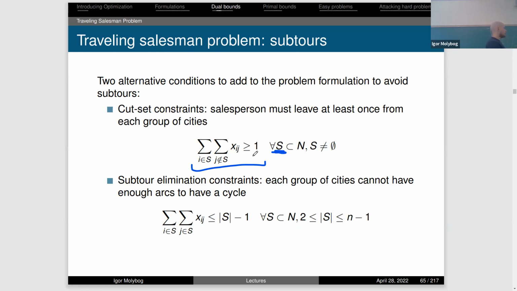Therefore, an inequality defined with this particular set S is a cutting plane for a solution that corresponds to this collection of subtours.